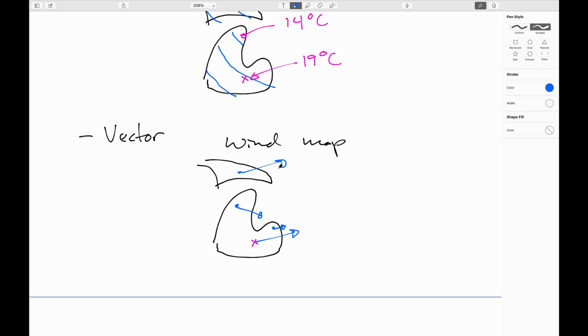So in real wind maps, they have this system where they draw all these little flags on the end of lines to indicate how long the vector is without actually drawing longer vectors in order to declutter the map. But that's the idea. So for every location, you associate a vector, in this case, a velocity.